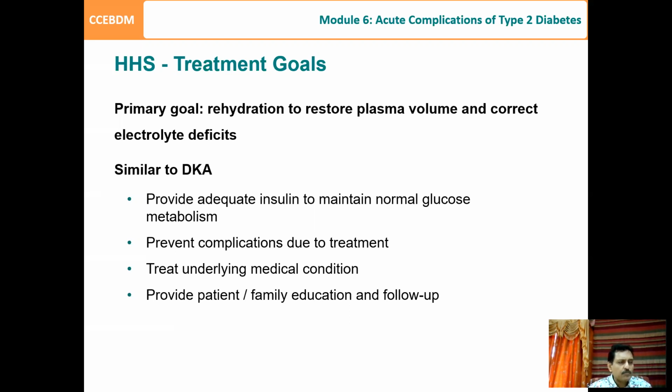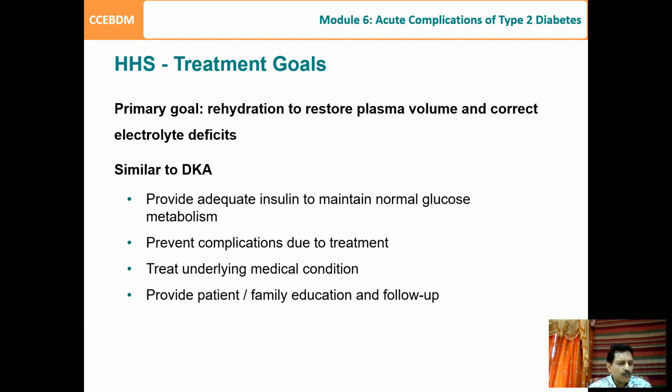Many patients of type 2 diabetes mellitus who develop hyperosmolar coma have multiple other complications as well, because this is a disease of the elderly, and elderly people most often have comorbidities, which should be addressed when we are treating a patient with hyperosmolar coma.